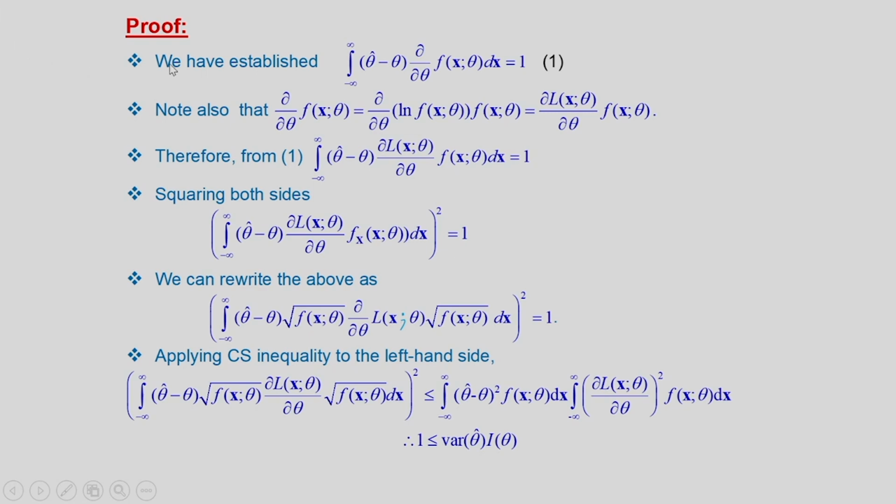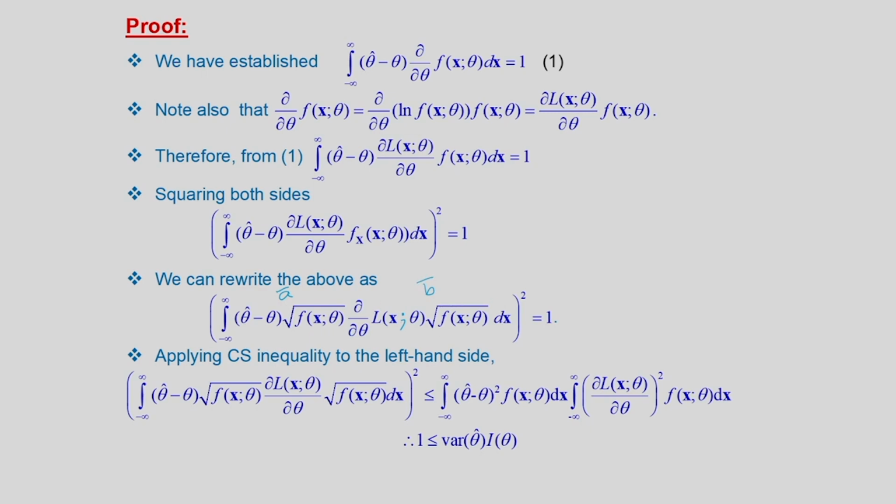So, we have now the product of two functions. Suppose I call this A vector and this B vector, this part is A vector and this part is B vector.